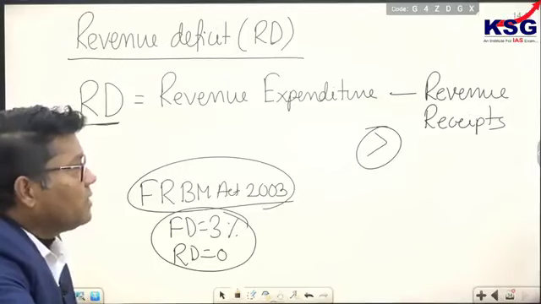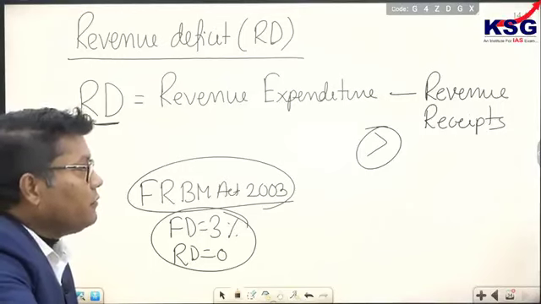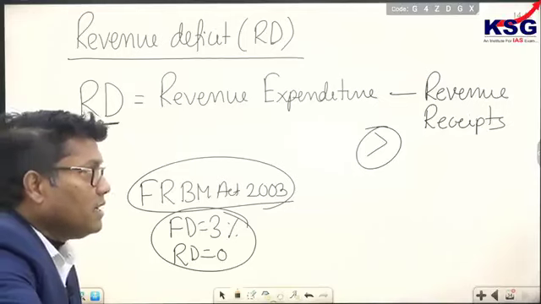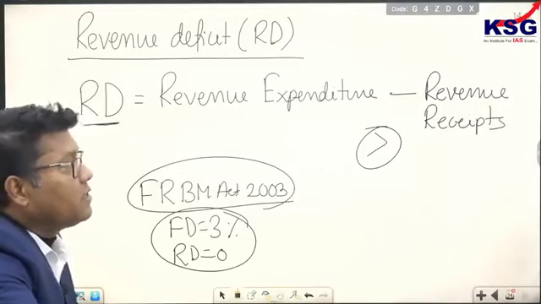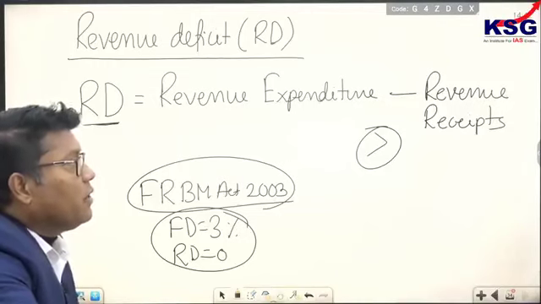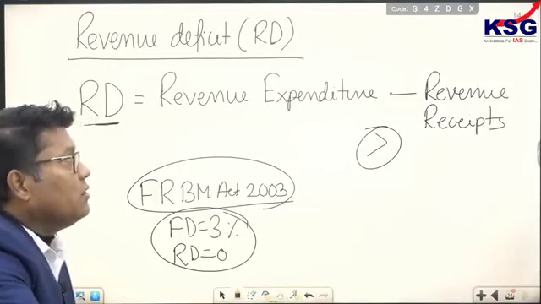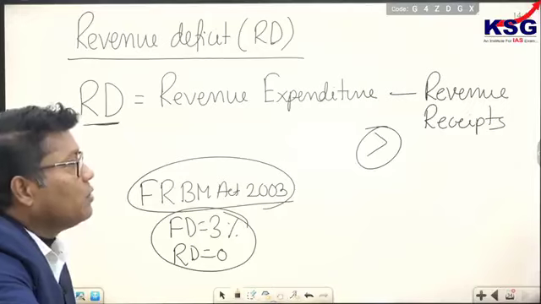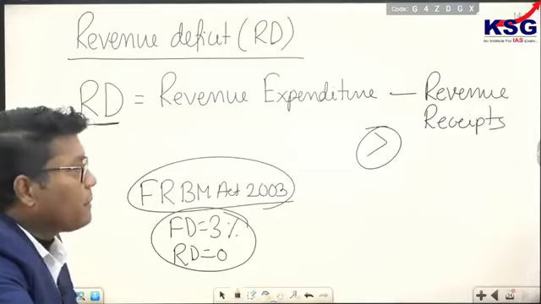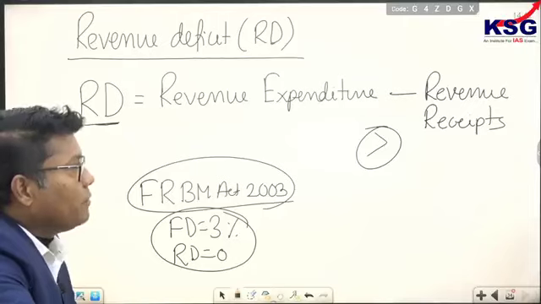Full stop. Even for current consumption expenditure, the government depends on borrowings. Okay, full stop.